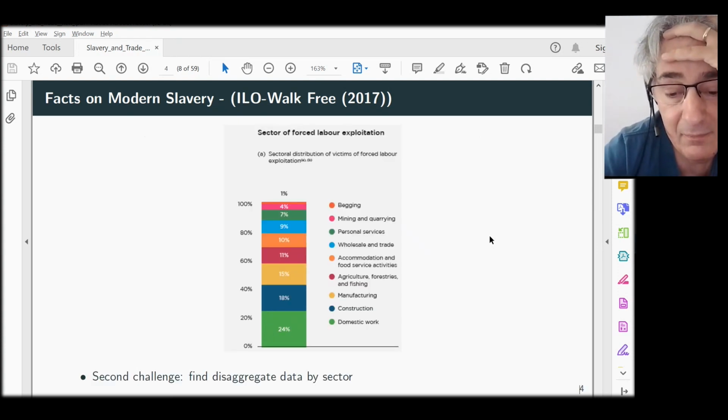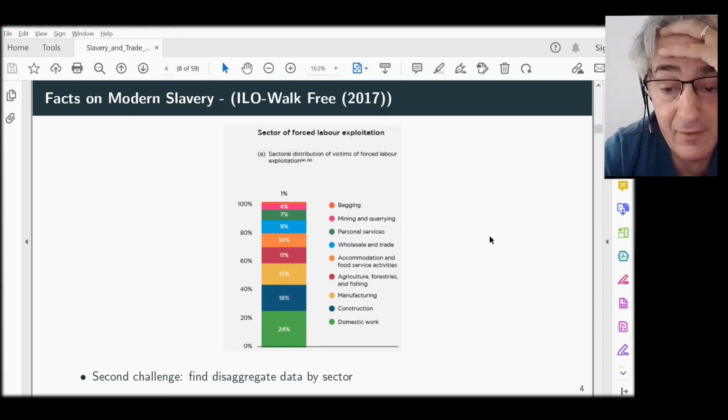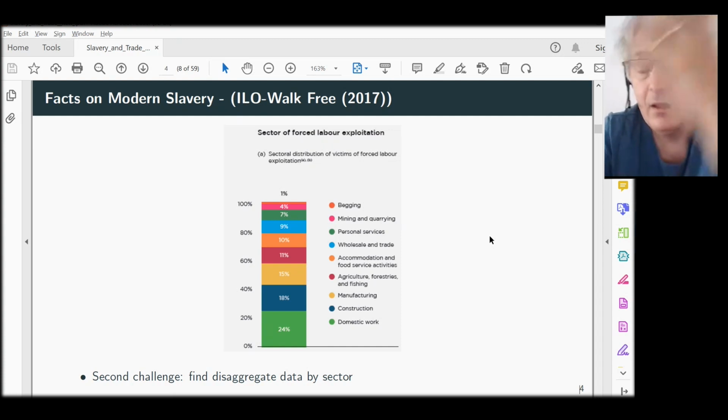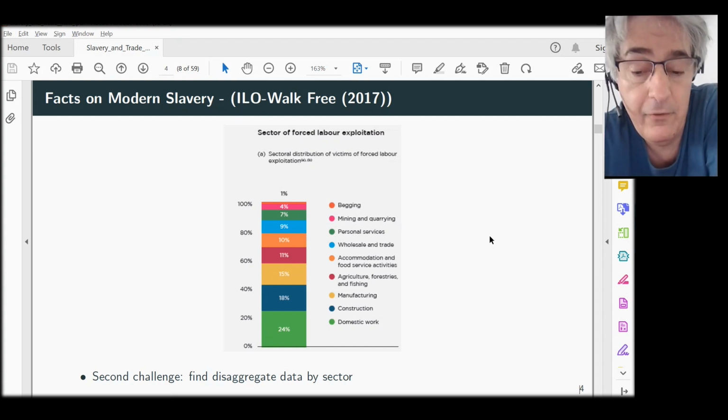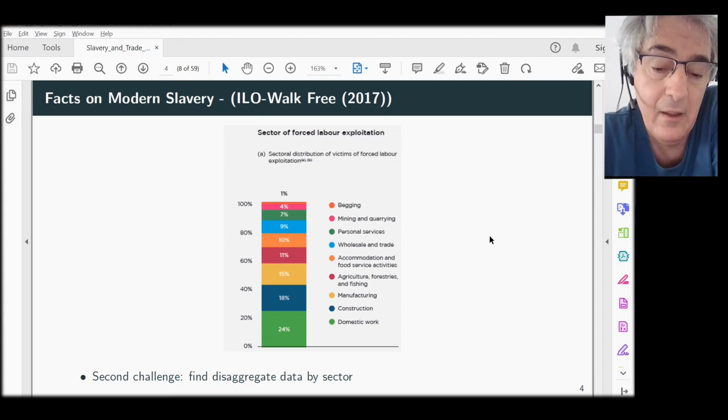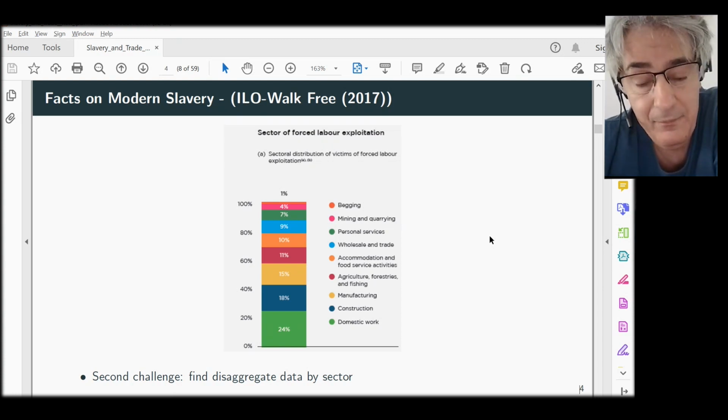The same, the use of forced labor takes place in different sectors, so begging, mining, personal services. So there is a variety of sectors where you can identify some use of forced labor, and we need to find data to look at this at that level.